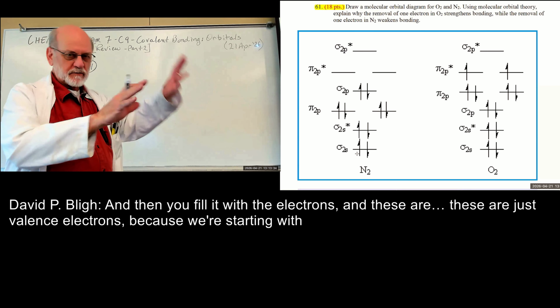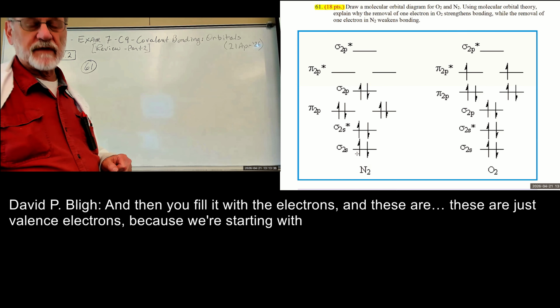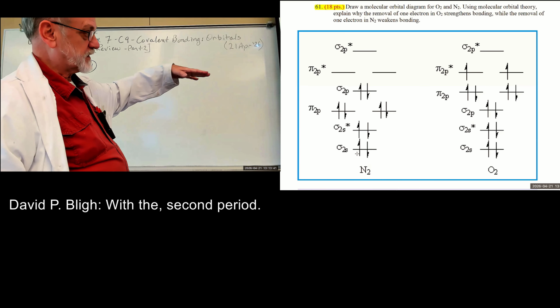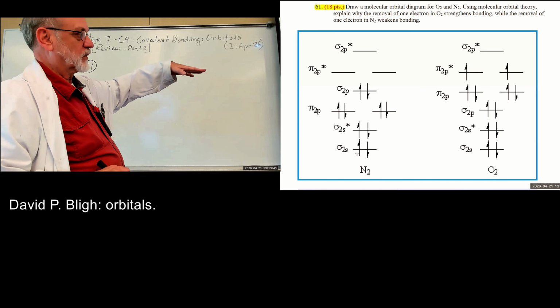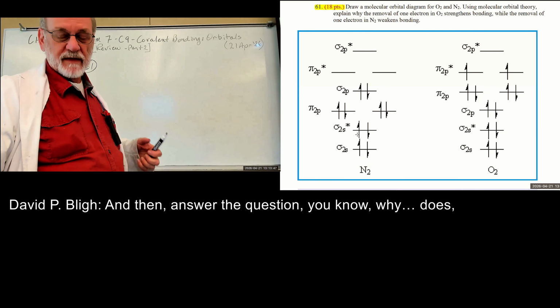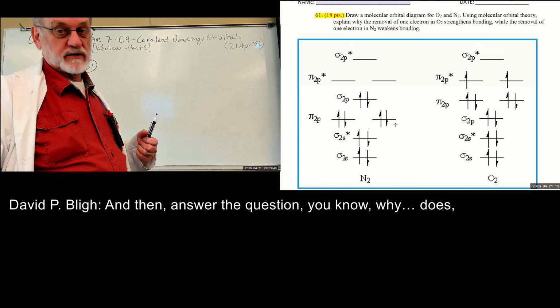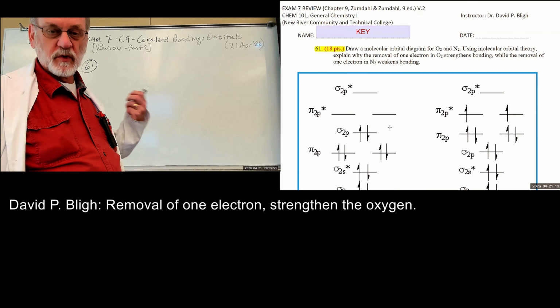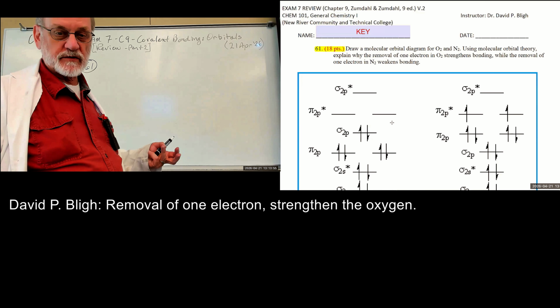And then you fill it with the electrons, and these are just valence electrons because we're starting with the second period orbitals. And then answer the question. Why does removal of one electron strengthen the bond in oxygen?